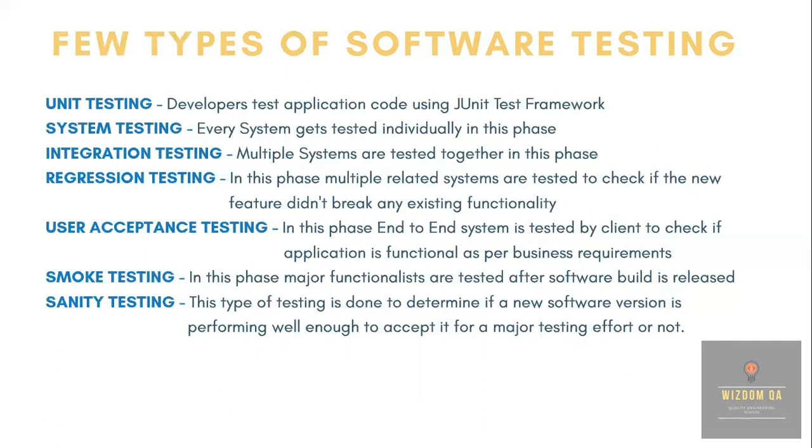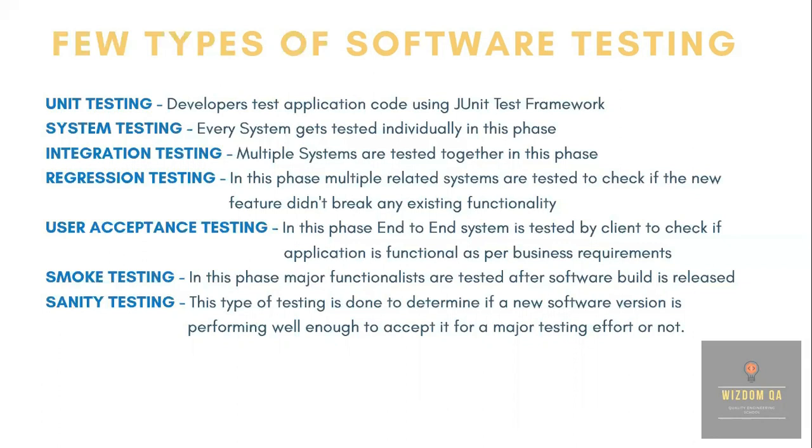So your beneficiary module is also dependent on your transfer fund. So if you're developing a new feature for transfer fund, you should also test your beneficiary module. So that's what regression testing is all about. Regression testing doesn't mean that you have to test the entire application every time a new feature comes in. It means that you should be able to test all relevant modules for which a feature is getting developed.